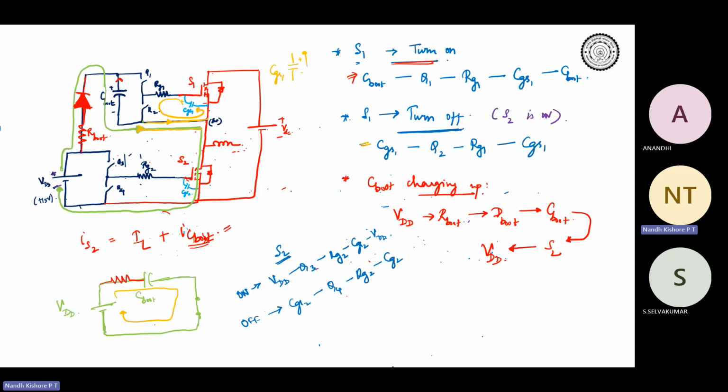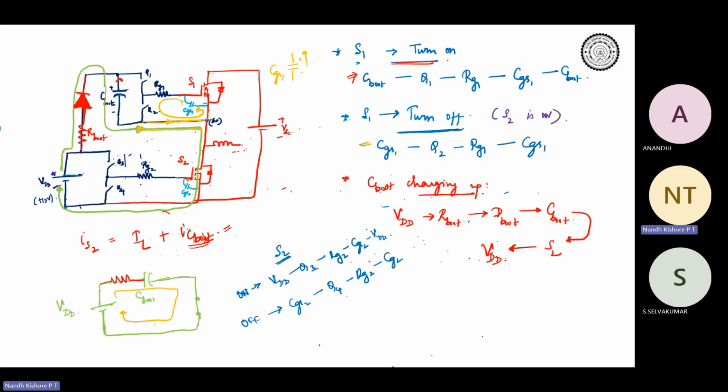So what we have done, we were having only VDD, but using a capacitor, we have derived a 15-volt supply. Without having any isolation between S1 and S2, we were able to get 15 volts, that too with respect to the gate source, right? C boot is with respect to the switching node, whereas VDD is with respect to the power ground.